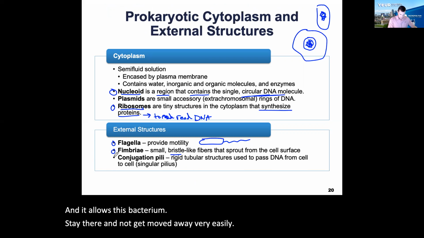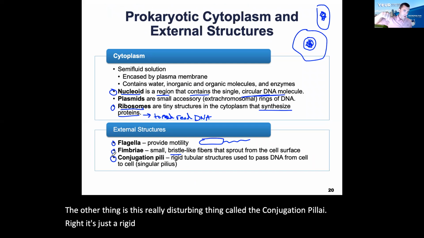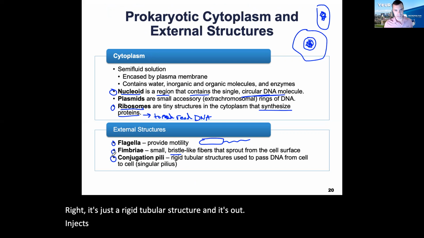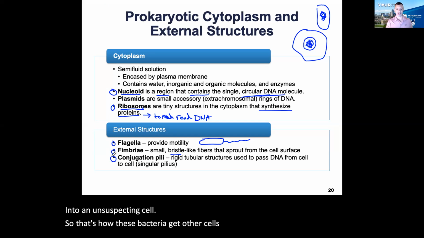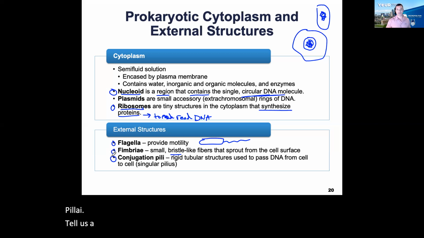The other thing is this really disturbing thing called the conjugation pili, all right? It's just a rigid tubular structure, and it's how it injects its genetic material into an unsuspecting cell, okay? So that's how these bacteria get other cells to do their bidding, right? This conjugation pili. Pilus is singular. It injects it into another cell, our cells, when the bacteria gets inside of us.